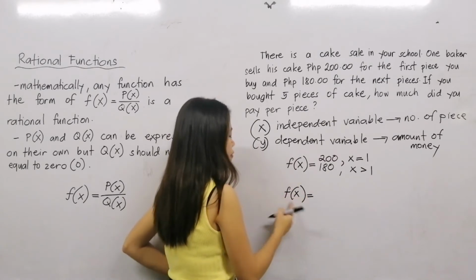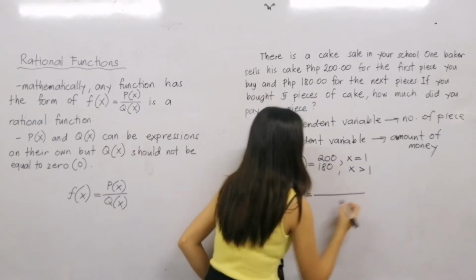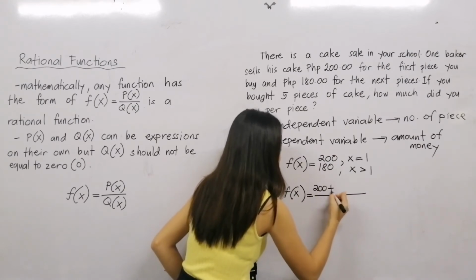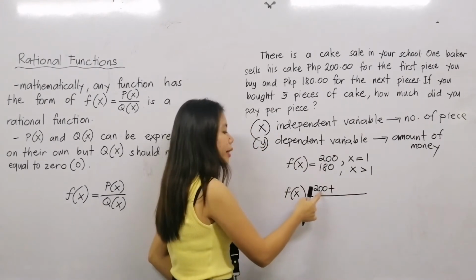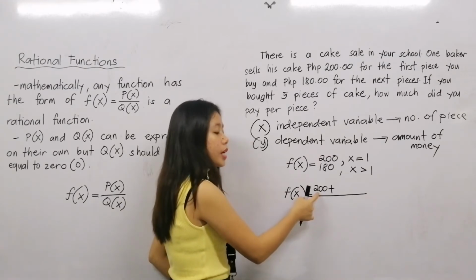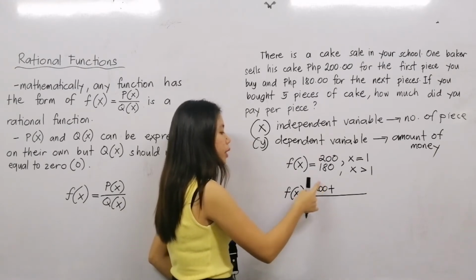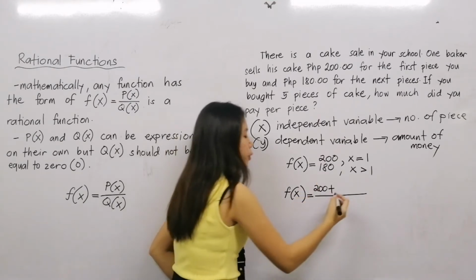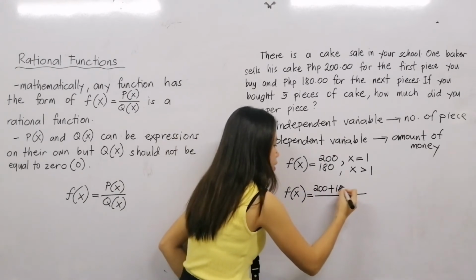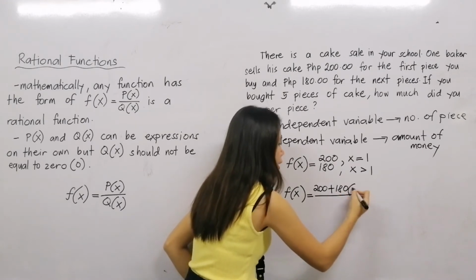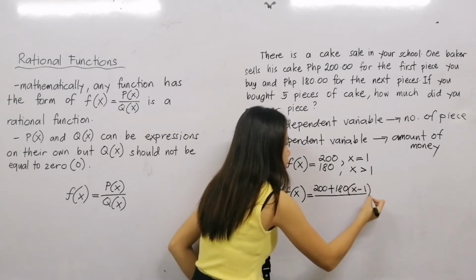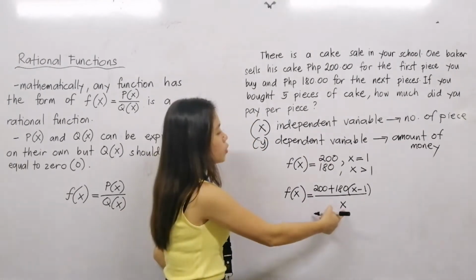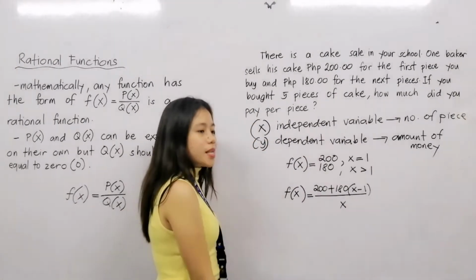So, f of x is equal to 200 pesos plus, ito po yung presyo ng unang cake na binili mo. Ngayon, we're gonna add here 180 pesos multiplied to x minus 1 over x. Sino nga po si x? Ang si domain natin, yung number of piece.